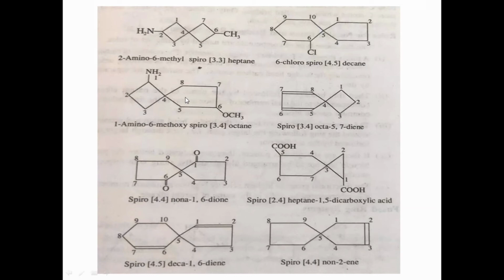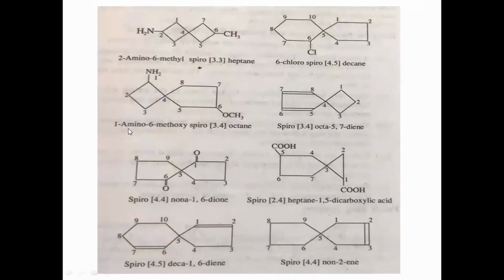Now here also see, same. Now this ring and this ring. So here you will start from the smallest ring 1, 2, 3, 4, 5, 6, 7, 8.